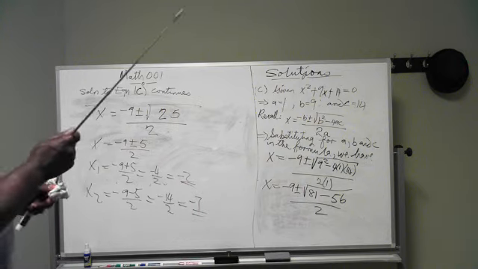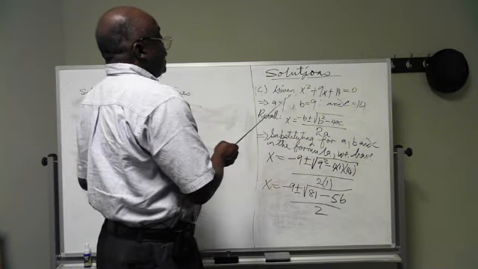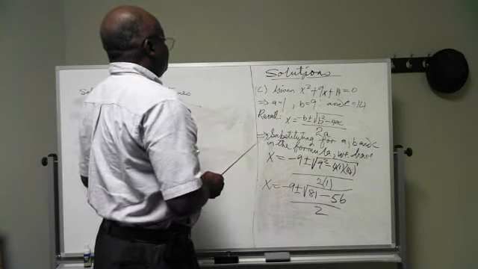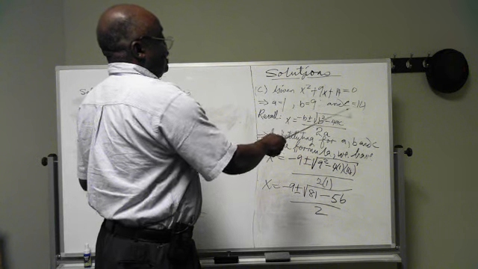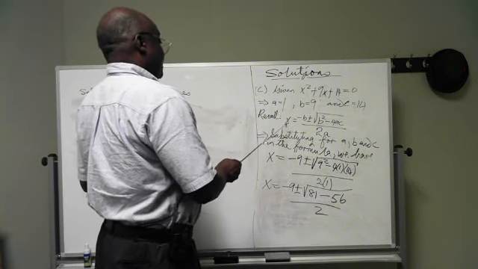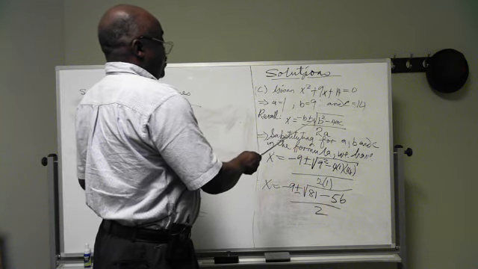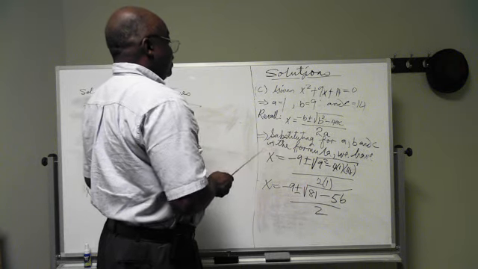For those of you who are slow to understand, if we are given the equation x squared plus 9x plus 14 equals 0, clearly a equals 1, b equals 9, and c equals 14. Recall the quadratic formula. x is equal to minus b plus or minus the square root of b squared minus 4ac over 2a.